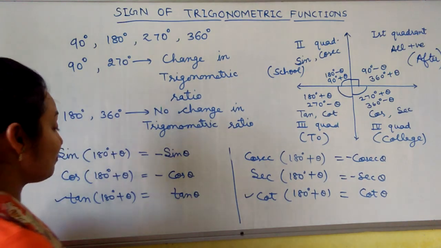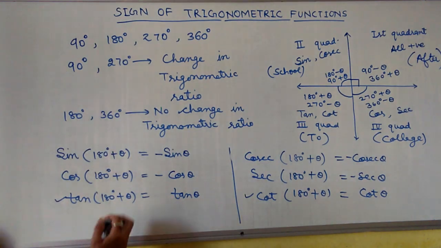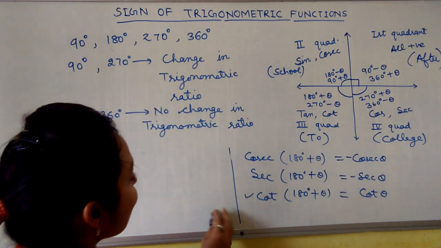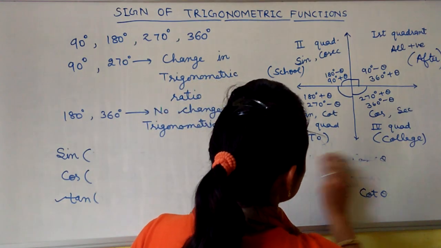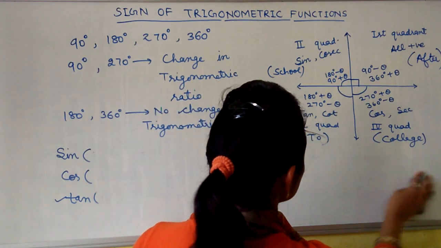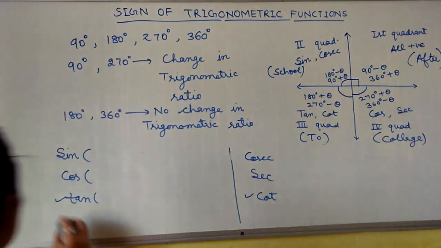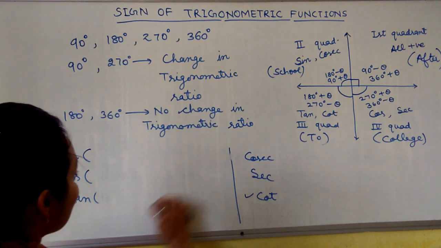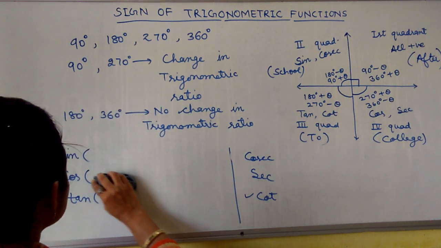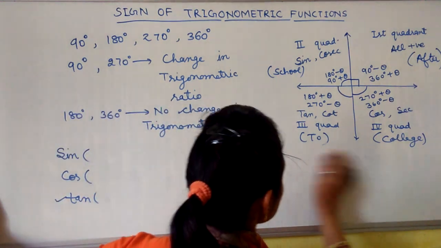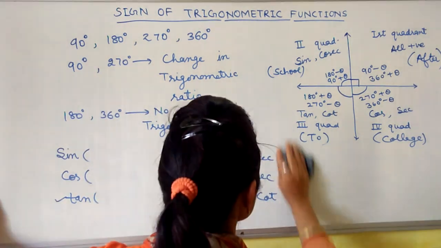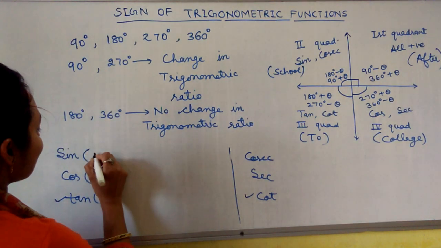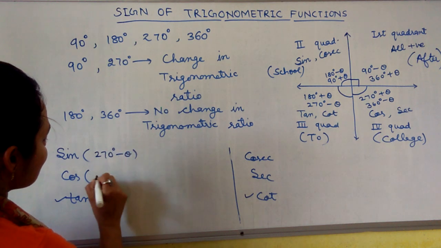Now come to 270 plus theta. We will learn how 270 plus theta will change. The trigonometric ratios will change because at 270 there is a change in the trigonometric ratios, that acts like 90 degree. So we have 270 minus theta.